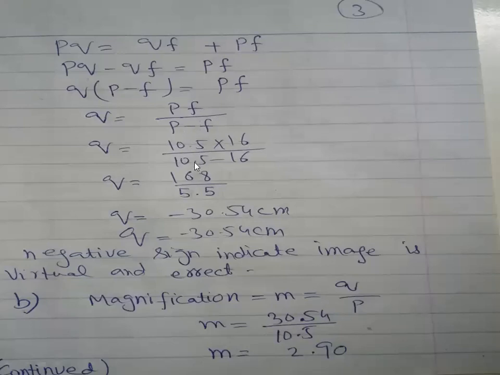So here P is again 10.5, minus sign, and 16. If you multiply 10.5 by 16, you will get 168, and 10.5 minus 16 gives minus 5.5. So if you divide 168 by 5.5, Q will be minus 30.54.